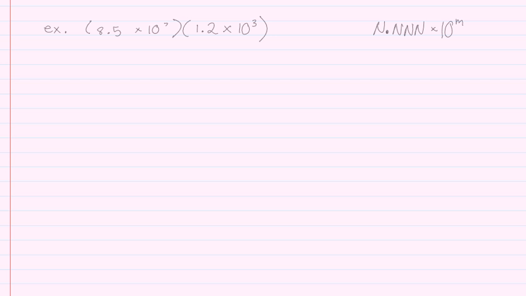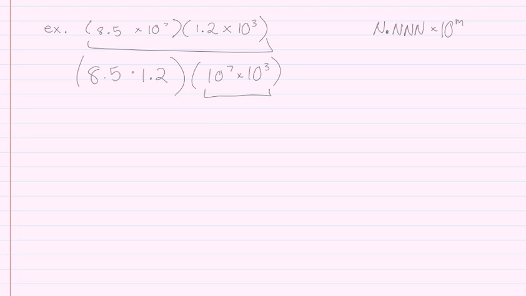Alright, so right here I'm just multiplying, so I can rearrange it and do 8 times 5 times 1.2, and I can take care of that number, and then I can do 10 to the 7th times 10 to the 3rd. So this is the product of powers on the right hand side. So what I can do is I can add and get 10 to the 10th, and then when I multiply 8.5 times 1.2, I get 10.2.